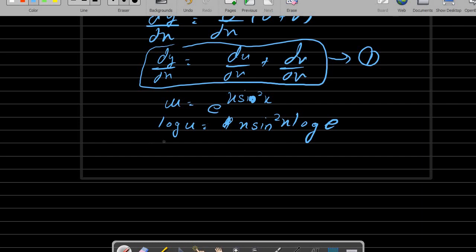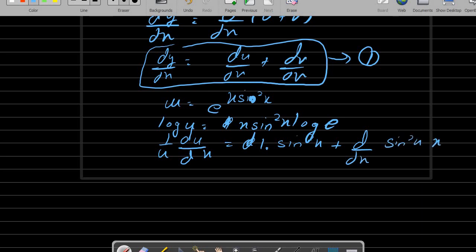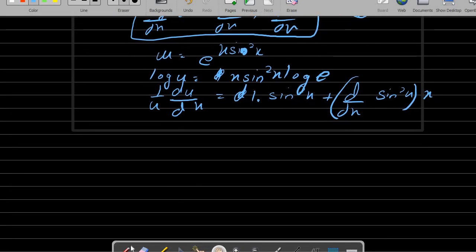Now when we differentiate this, this would be 1 by u, and then du by dx. x would differentiate to 1, into sine square x, plus d by dx of sine square x into x. We are using product rule. It's very important to stay focused, as you might end up doing some silly error. So we'll write 1 upon u du by dx is equal to 1 dot sine square x.